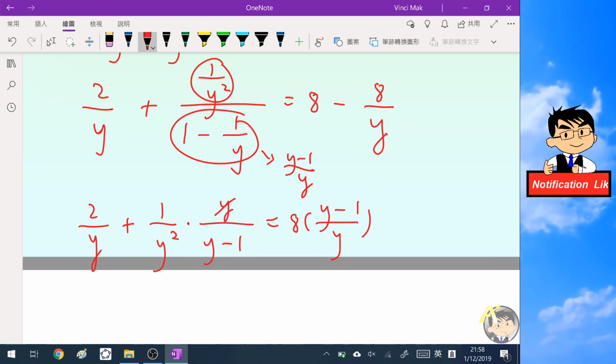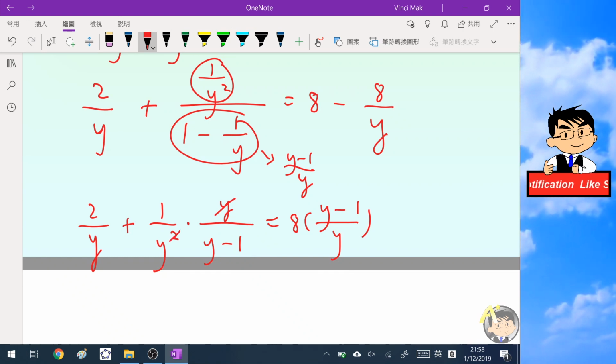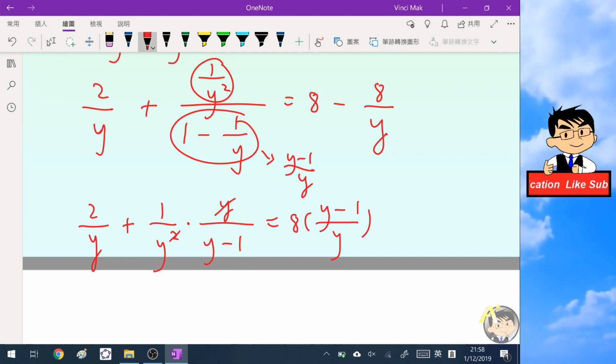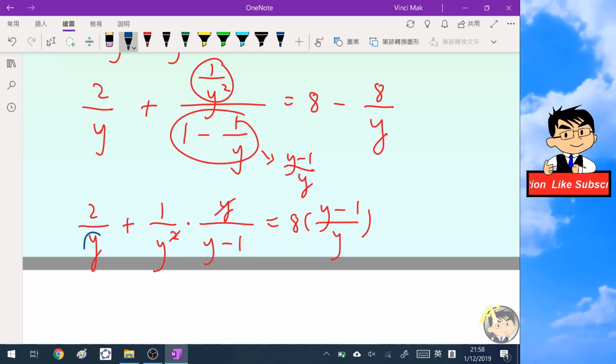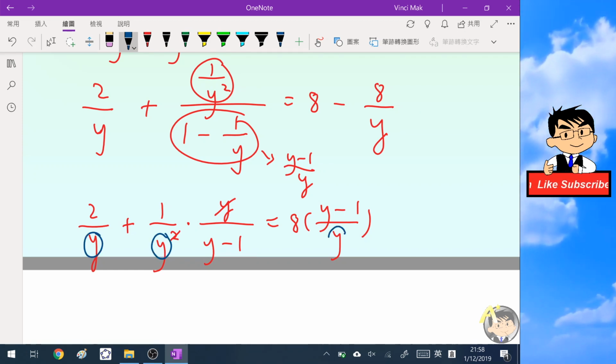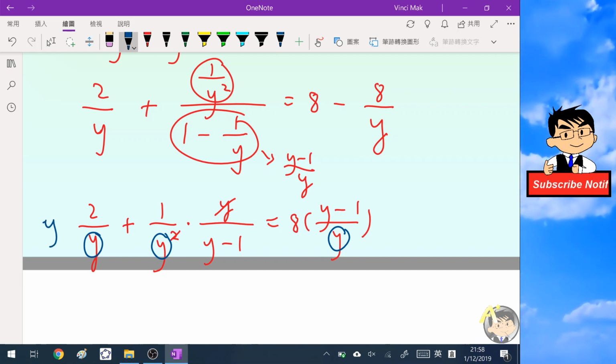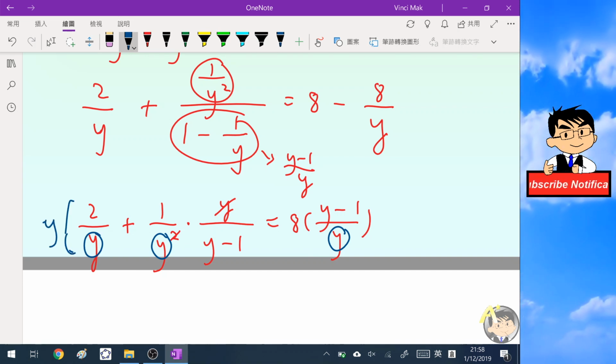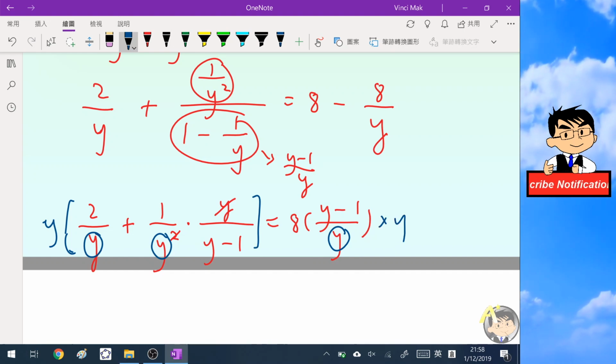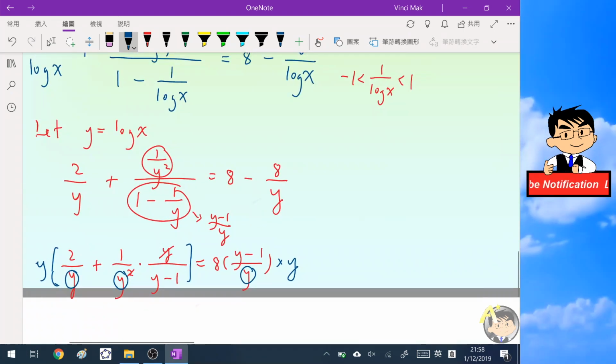So these two y will cancel out, and then we know that in the denominator there are y here, so we multiply both sides by y in order to cancel out the denominator.